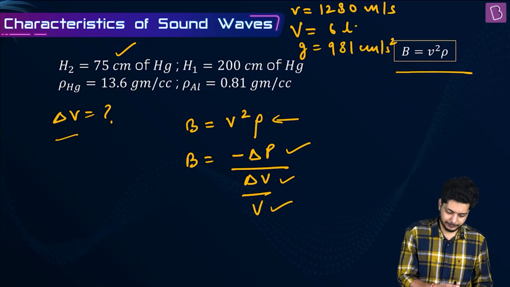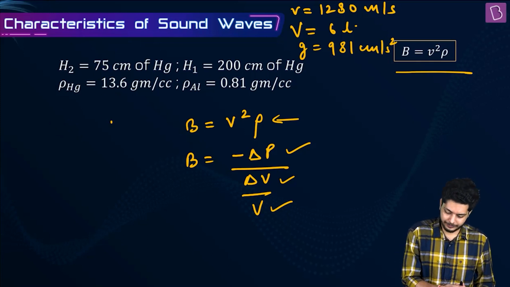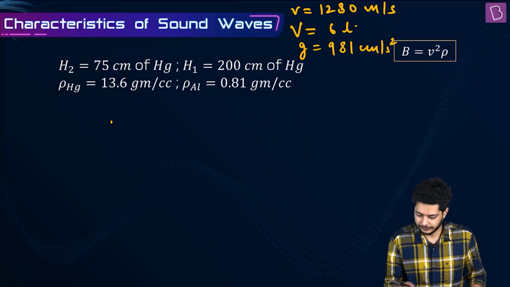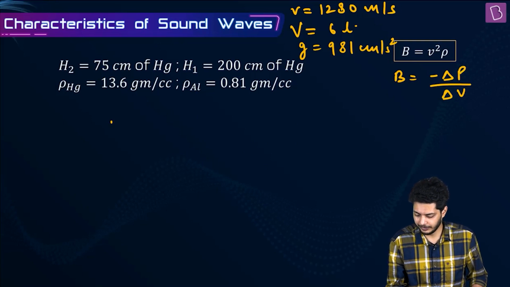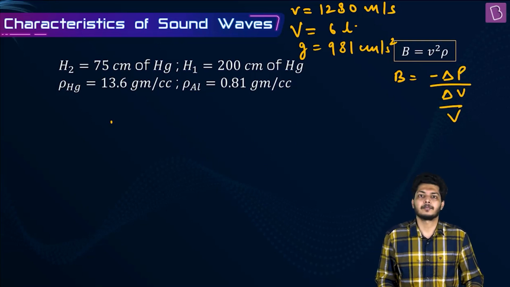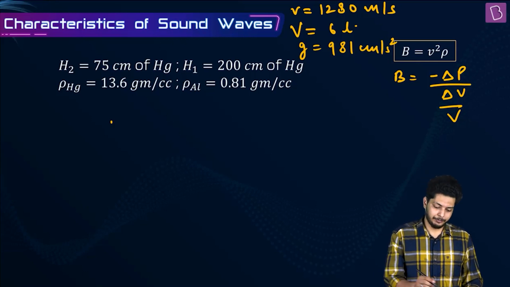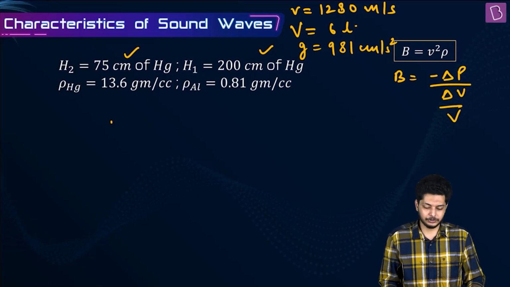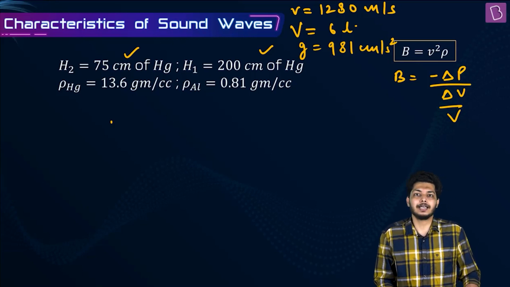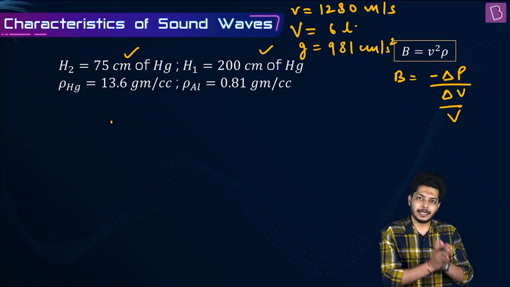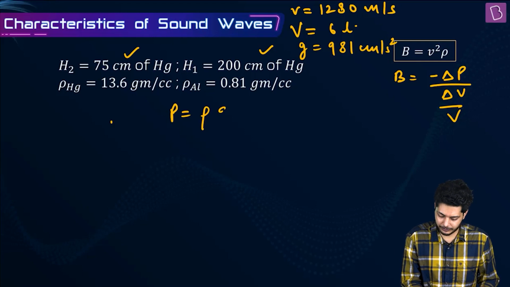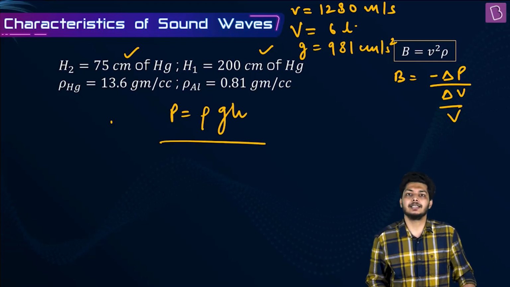So now let's proceed. Before using this formula, let me write it on the side: B is equal to minus del P by del V by V. First of all, look at the pressure. Pressure has been given in terms of rise of height, in centimeters of Hg. To know the pressure in SI or CGS units, we have to use P is equal to rho g h, where h is the rise in liquid.